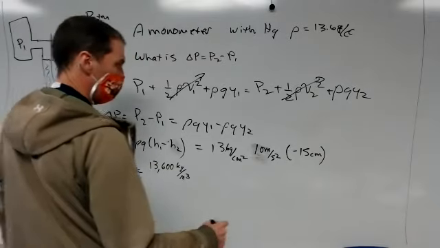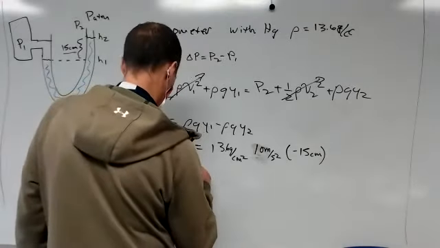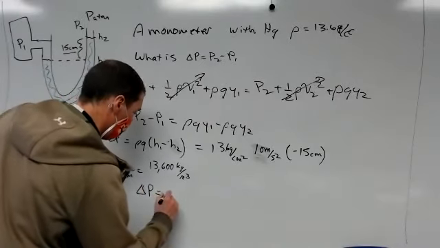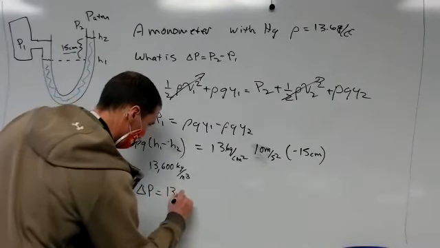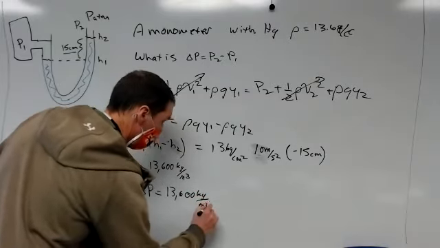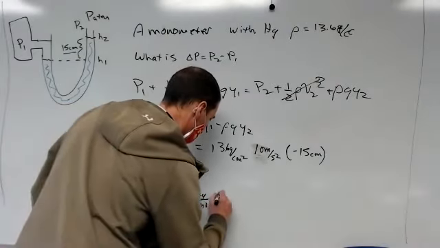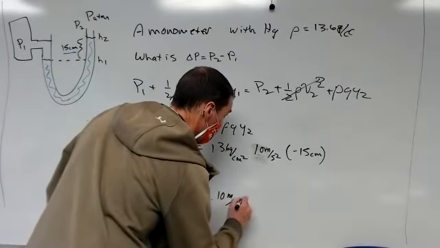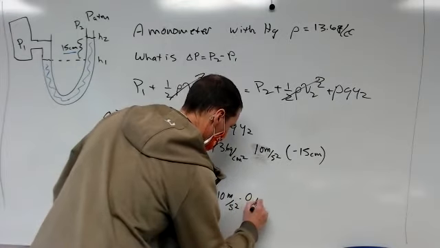And so this would be delta P equals 13,600 kilograms per cubic meter times 10 meters per second squared times 0.15 meters.